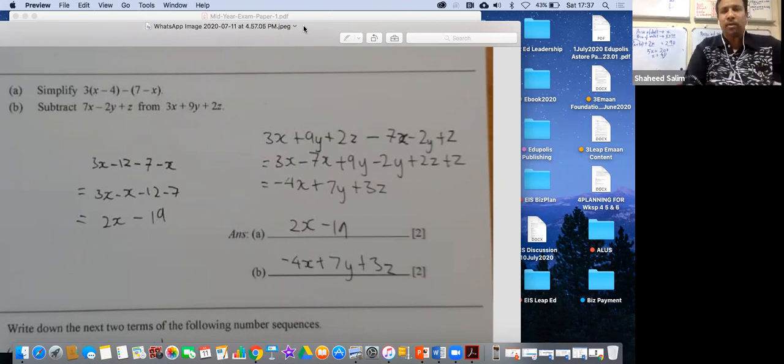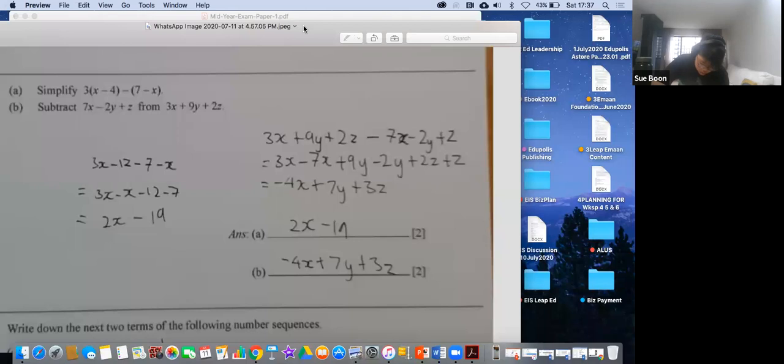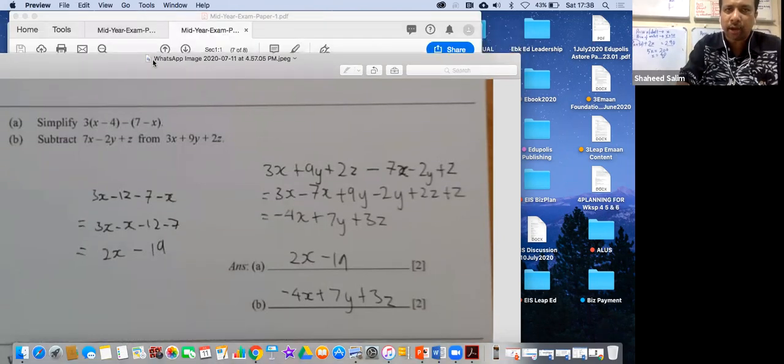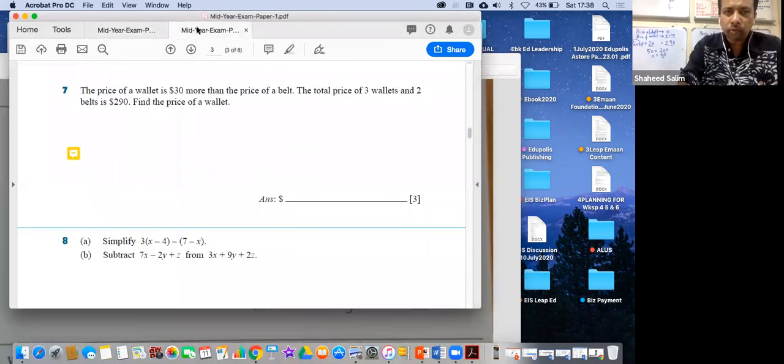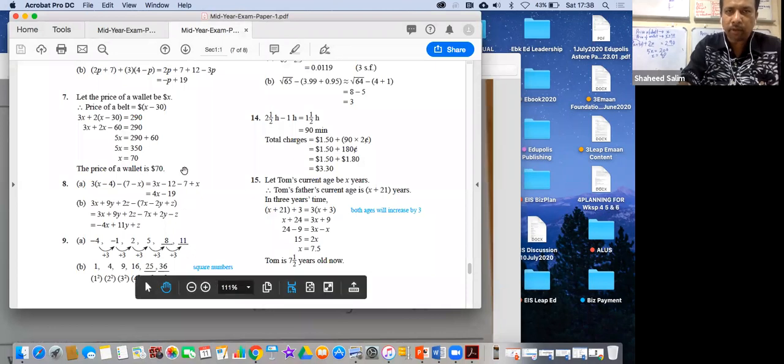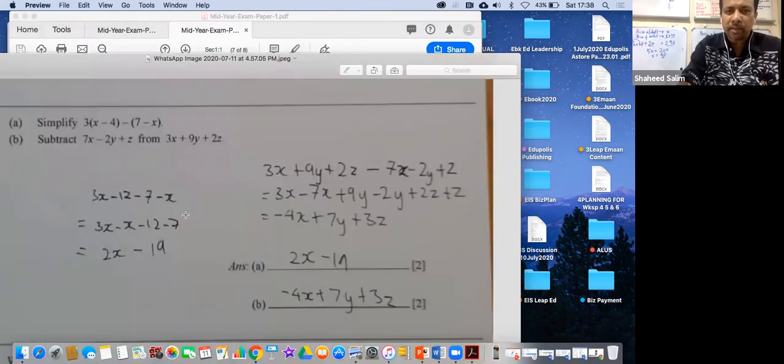Okay, you try, see whether you can do it. 4x minus 19 is correct. Well done.